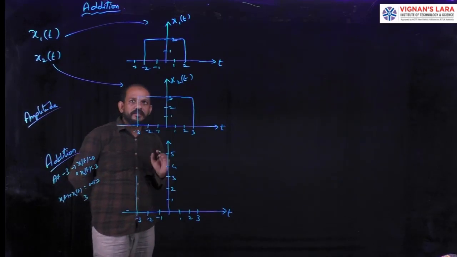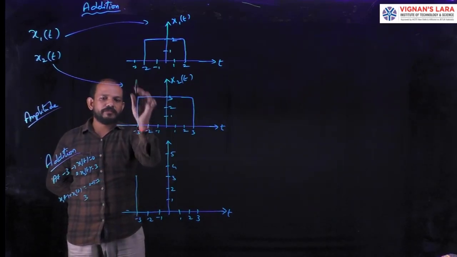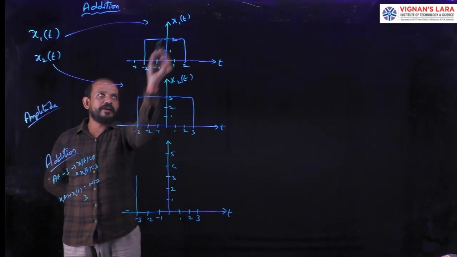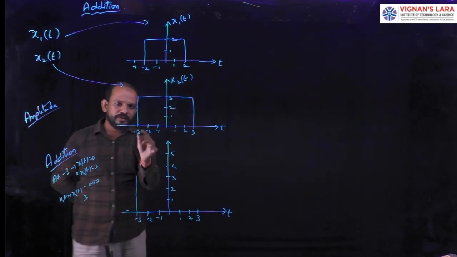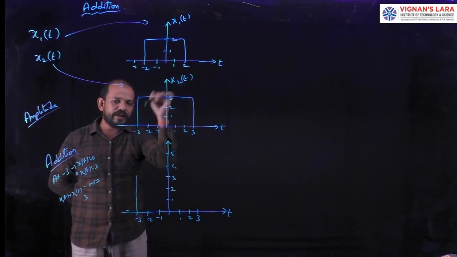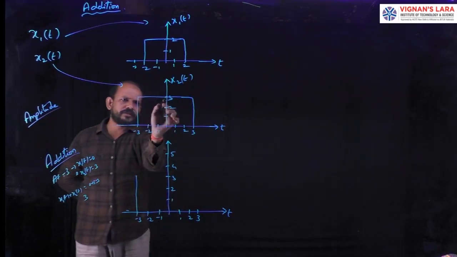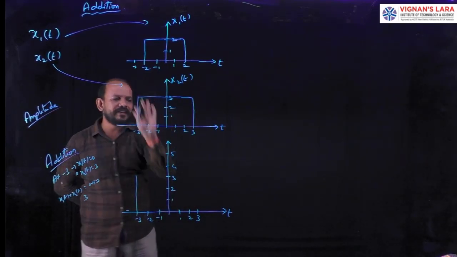See, from -3 to -2, the value of x1 of t is 0, and the value of x2 of t is 3.